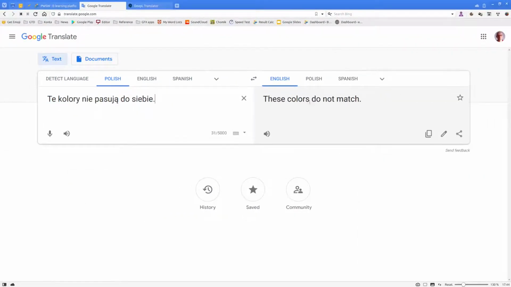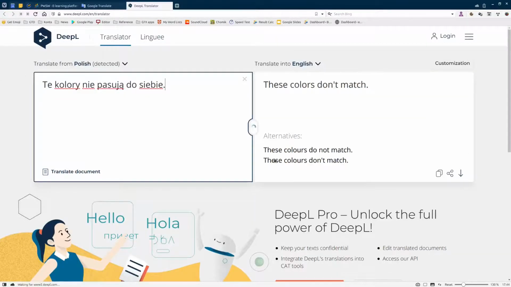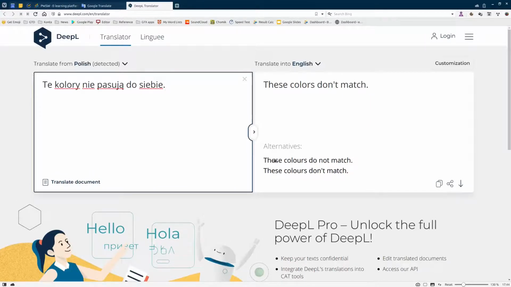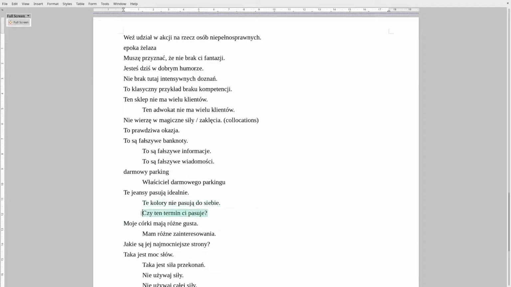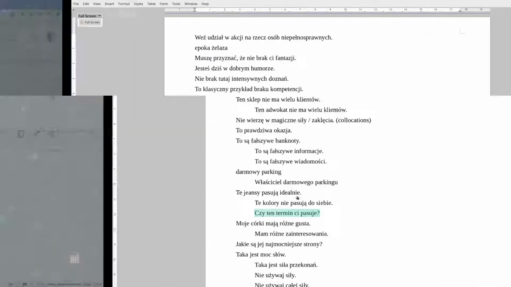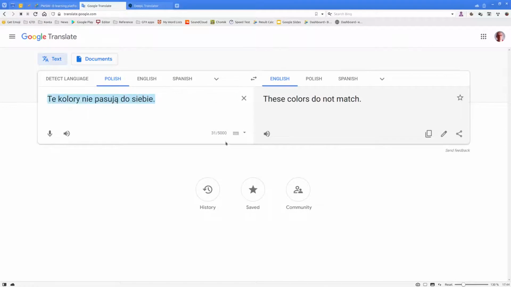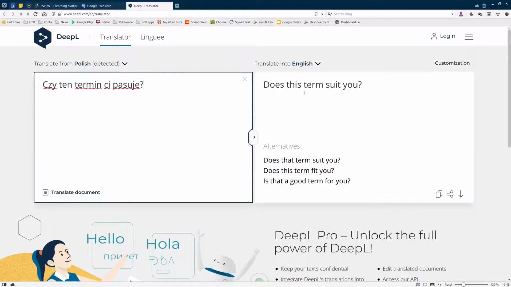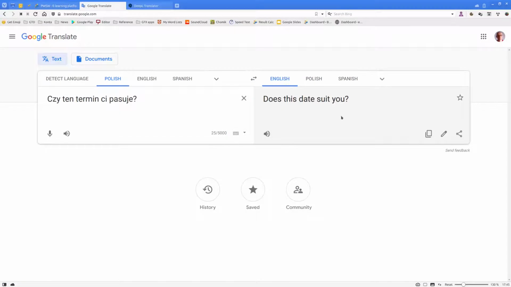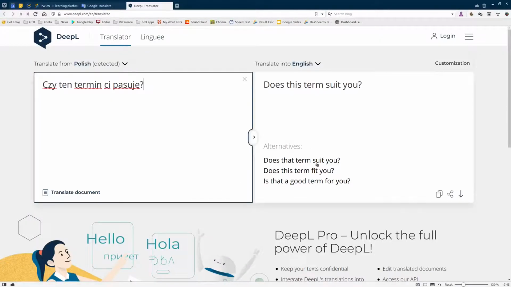These colors do not match of course, right? Because that's a different kind of pasować. Czy ten termin ci pasuje? So we have the verb pasować in a different meaning still. Does this date suit you? Date, right? Not term.